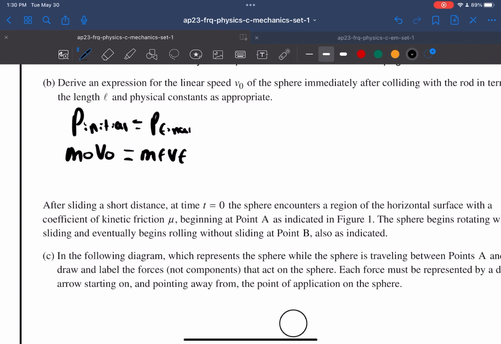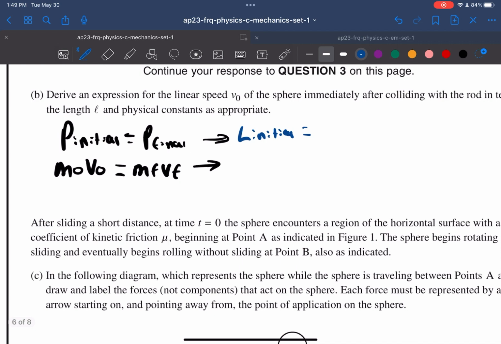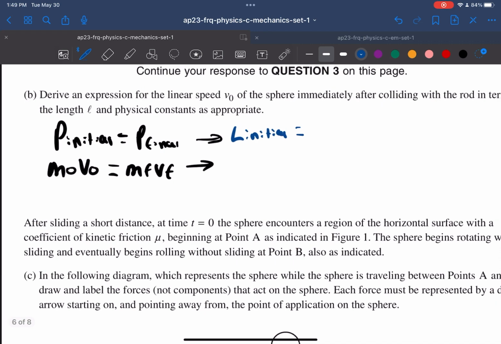But since the rod experiences rotational momentum, we need to substitute in the proper variables into the equation. Now, I'm going to color code these, so bear with me as I write all this down. So the conservation of momentum equation now becomes L initial, because L is the symbol for rotational momentum, is equal to L final.